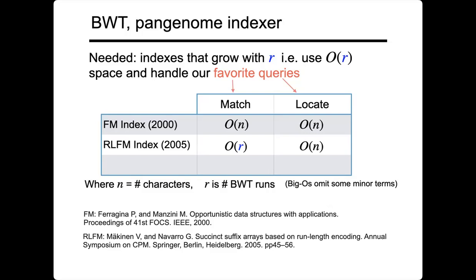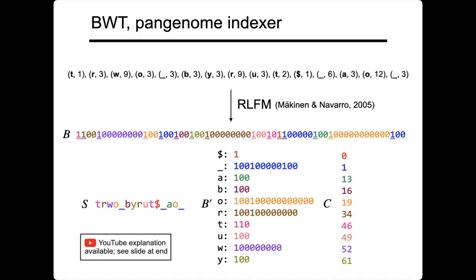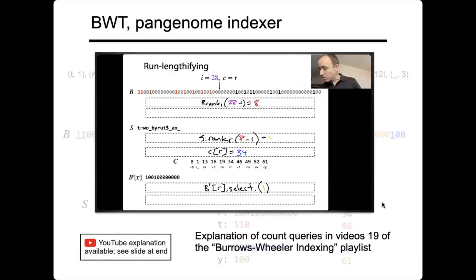But anyway, the idea that got us to the big O of R on the match query is illustrated here. I'm not going to walk through this. That would take far too much time. However, this is another instance where I'm going to say, I have a YouTube video. Specifically, if you go to my Burrows-Wheeler indexing playlist, video number 19 is the one that you can watch to better understand this idea.